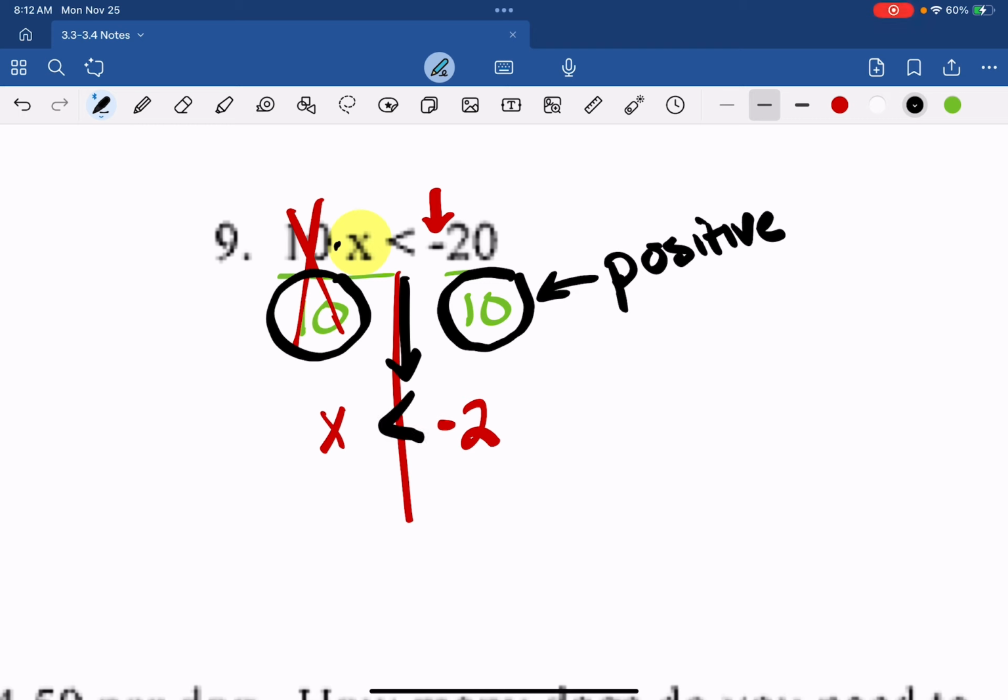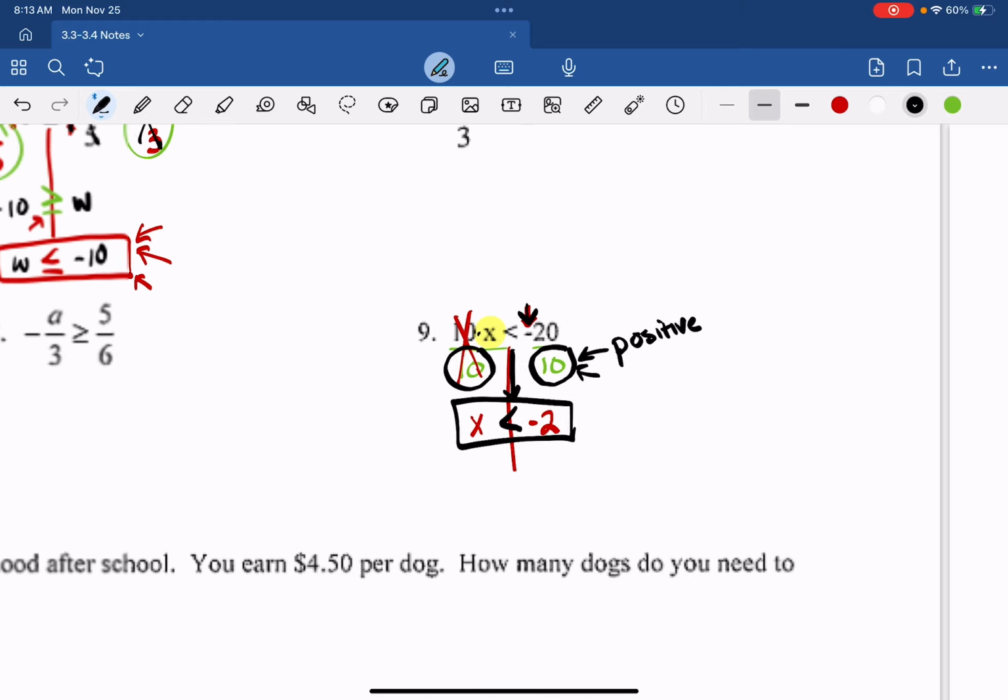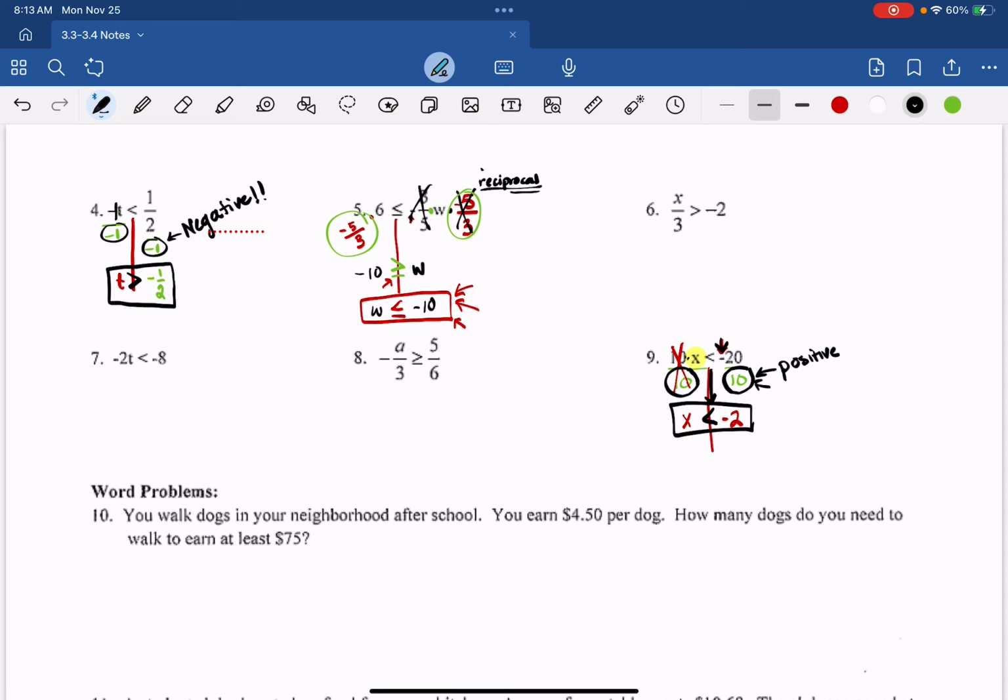So don't be tricked. If you have a negative in the original problem up top, like it is up here, that doesn't mean we flip it. It's only the number that we divide by or multiply by. Okay? All right. I would like you to try number 6 and number 7. You can pause the video and try those out.